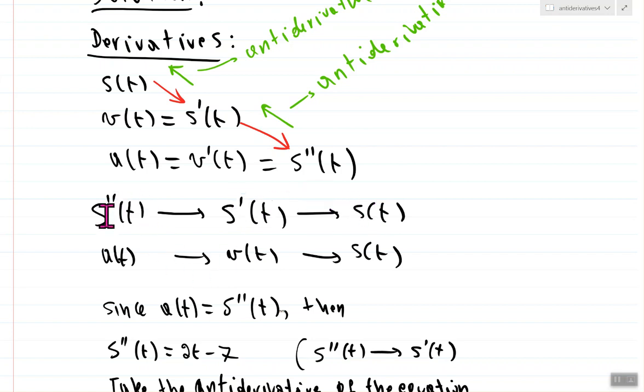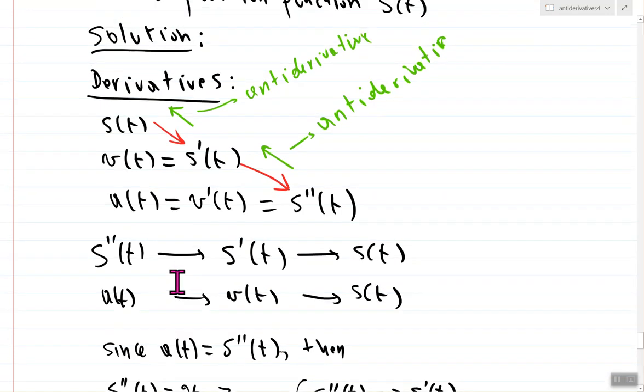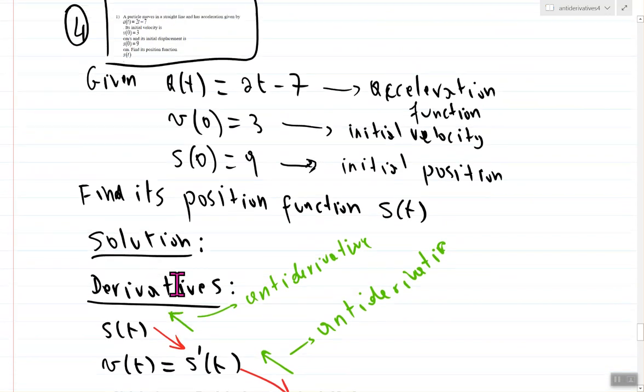So what is s double prime? S double prime of t is basically the acceleration. So what does it tell you? It tells you when you take the antiderivative of the acceleration, you're going to get the velocity function, which is s prime of t. And then when you take the antiderivative of the velocity function, you get the position function, which is s of t. So that's what we're doing here. Now let's go back to the application problem.